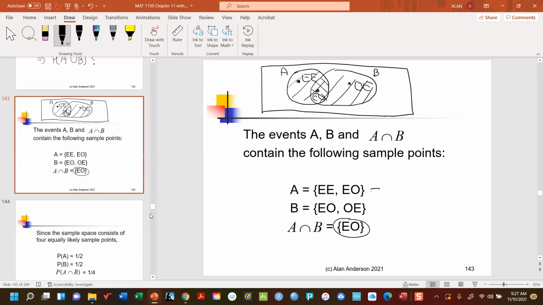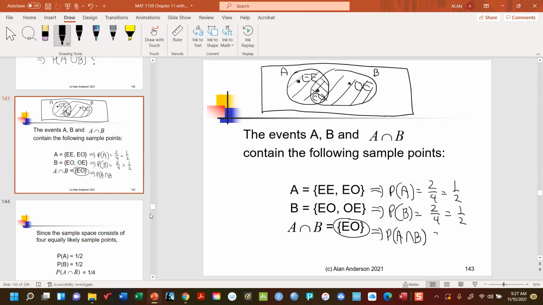That implies that the probability of A is 2/4, or 1/2. The probability of B is 2/4 or 1/2. The probability of A intersect B is 1/4. End of story.